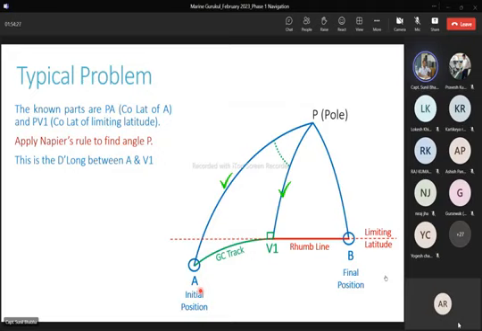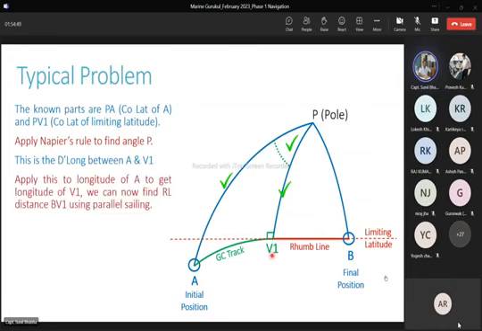The lat long of the initial position is provided to us. As you apply this D long to the longitude of A, it gives you the longitude of vertex 1. So angle P, as it is known, applied to the longitude of A gives us the longitude of vertex 1.